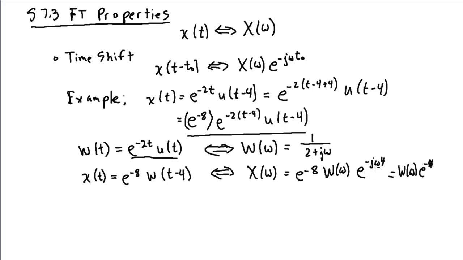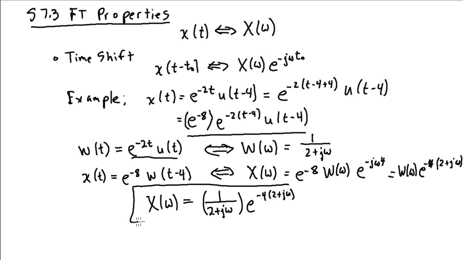When I combine the exponentials, I'll have minus 8 minus j omega 4. I can factor out the 4 and write this as 2 plus j omega. Okay. So finally, using W of omega, I have the Fourier transform X of omega as 1 over 2 plus j omega times e to the minus 4 (2 plus j omega).